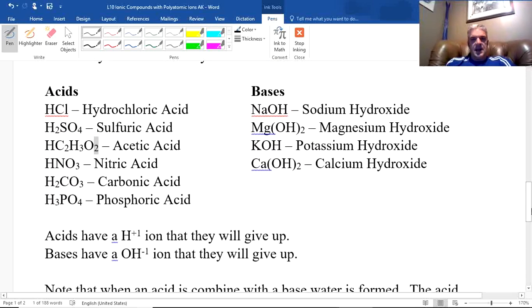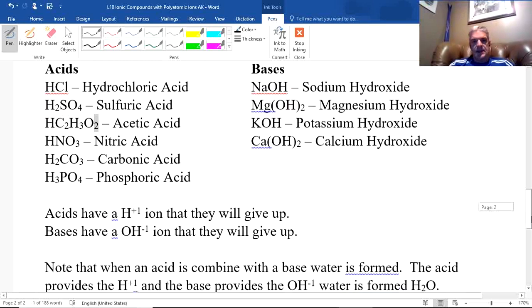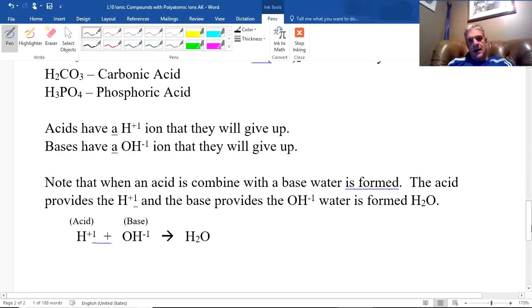And the neat thing about acids and bases is that maybe you know this, maybe you don't, but when you combine an acid with a base, the acid will give up a hydrogen and the base will give up a hydroxyl. And when you combine those two together, you actually get H2O.